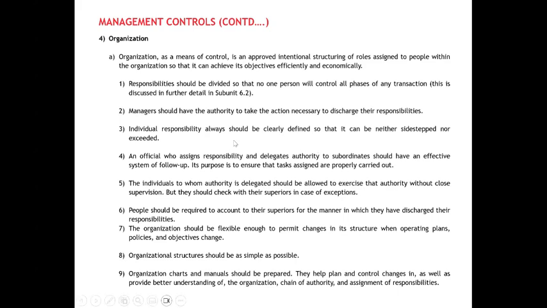Individual responsibility should always be clearly defined. That is about ensuring that the person knows their responsibility. That's one word, job description. Employees have proper job descriptions where they are aware of their responsibilities. Sometimes when things happen, they don't know what their responsibilities are. There is a practice, but nothing documented.